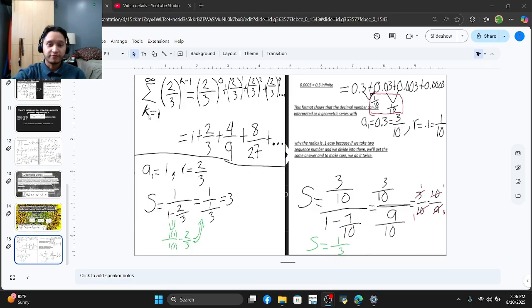We have that k, the first term of k is being added to the infinity in terms of 2 divided by 3 to the power of k minus 1. So we substitute the first one, 1 minus 1 is 0.